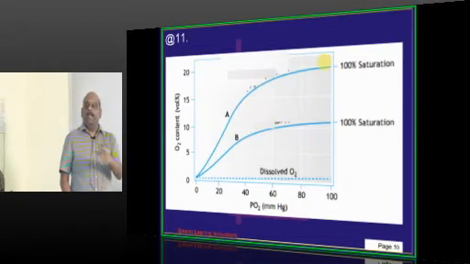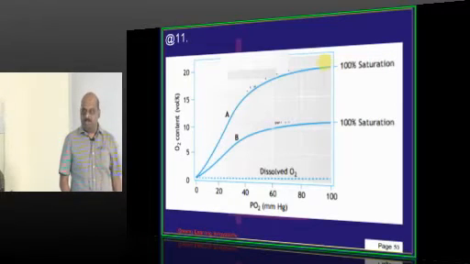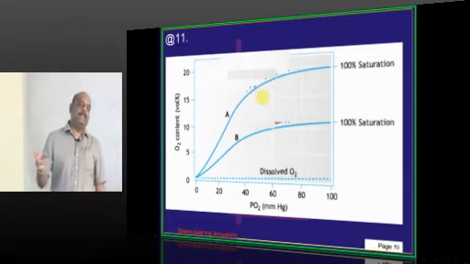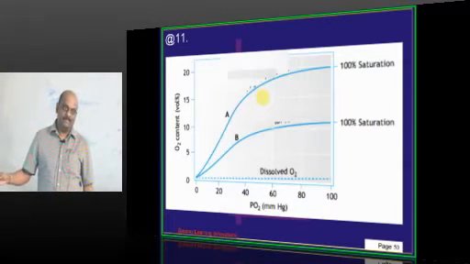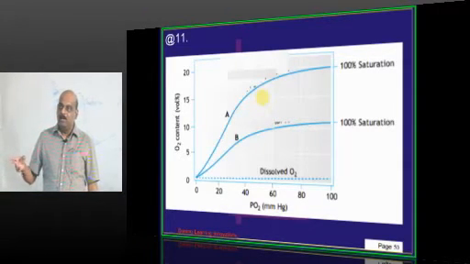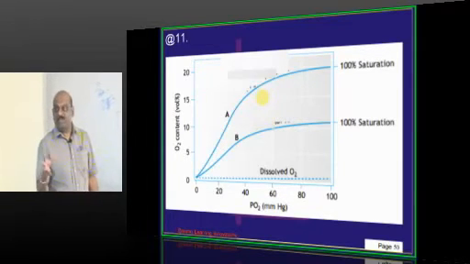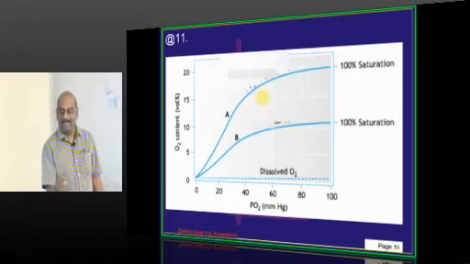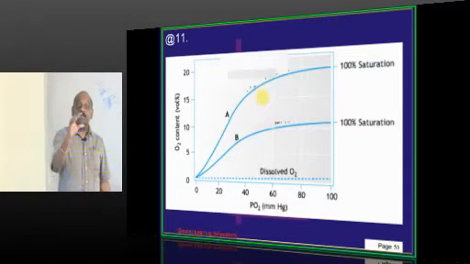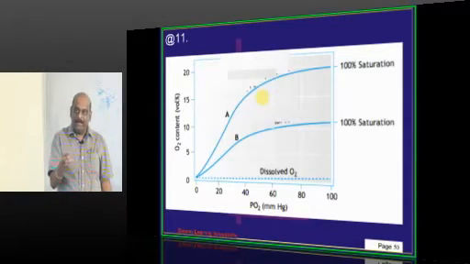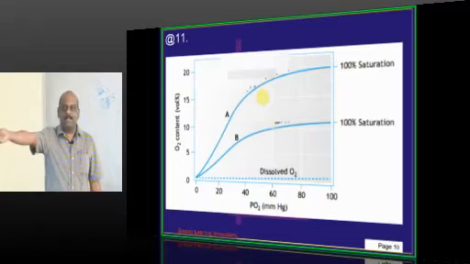If you take an anemic individual, he has a lower hemoglobin than the normal person, but that is a normal hemoglobin, capable of achieving 100% saturation. But because the total content of the hemoglobin is low, it is only 8 grams, while the other guy is having 13.